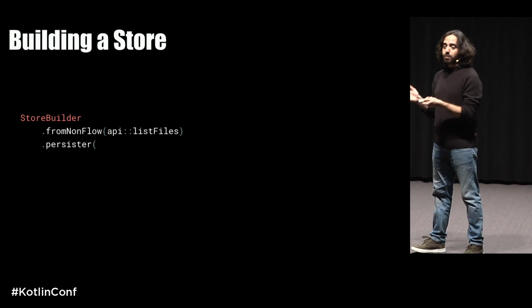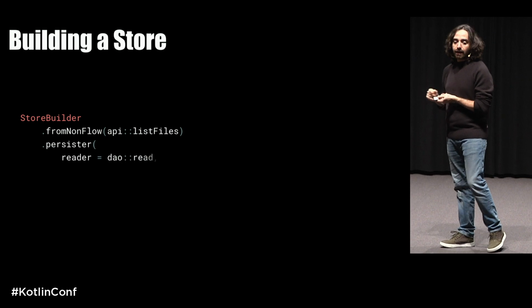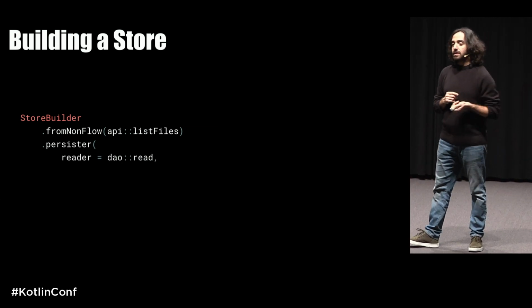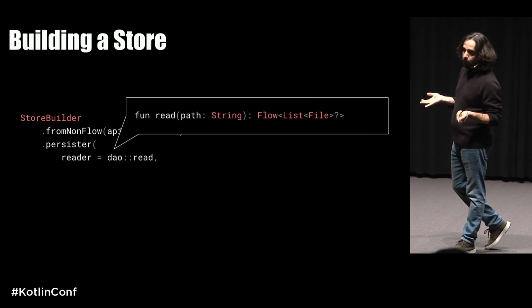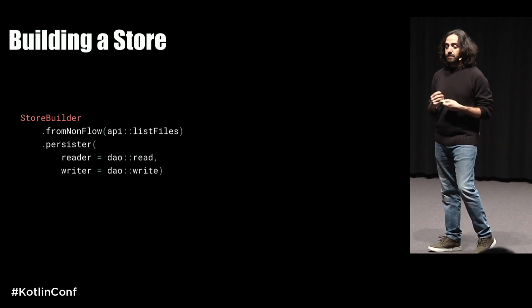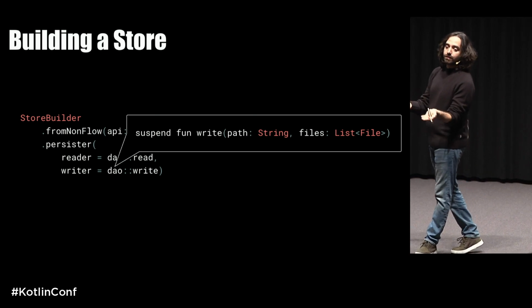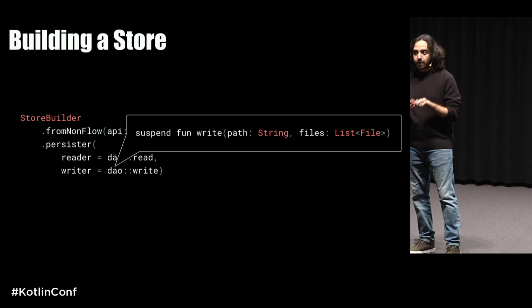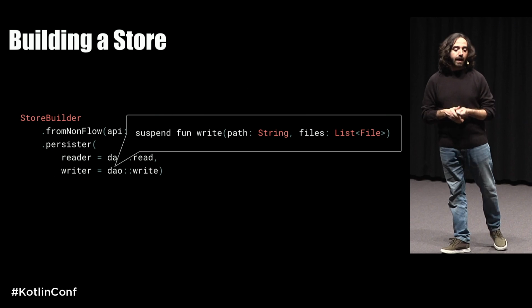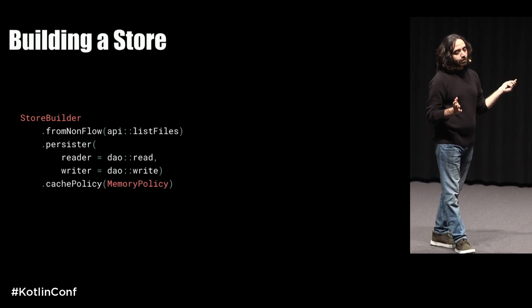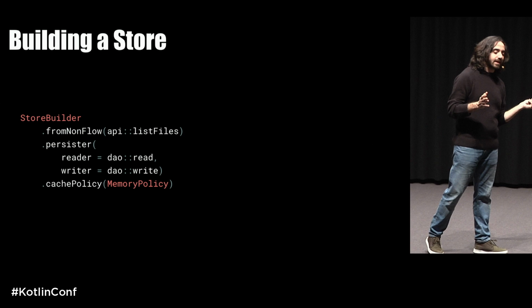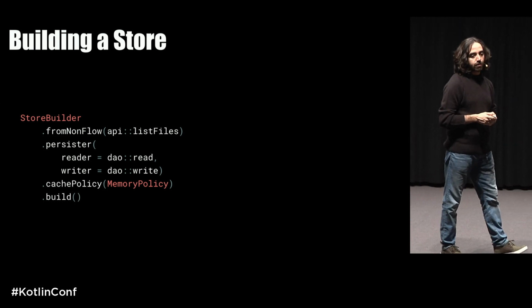And now you can optionally provide a persister to persist the data. The read function is just a function that returns a flow, and the write function is just a suspend function. These are all simple, primitive coroutine functions that help me create this beautiful fluent API. Last but not least, you can provide a caching strategy or disable it, and then build that store.